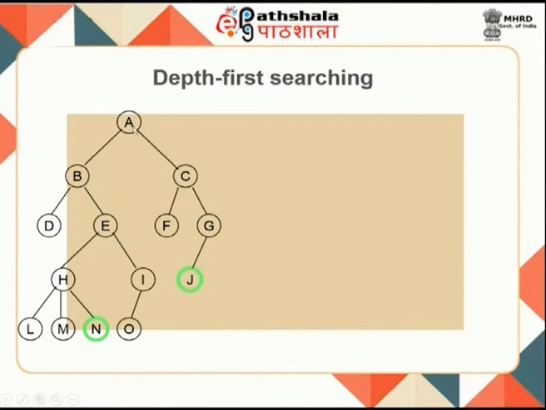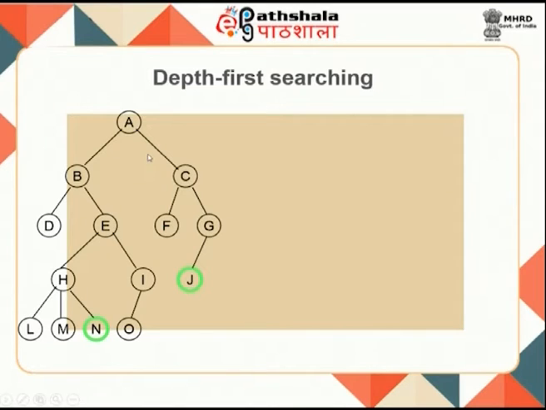How to search for a particular node? For example, let us assume that A is the initial configuration, and J and N represent the target configurations. My game is simply reduced to a search problem where I have to search for my targets J as well as N. In other words, I have to find the path from the root to my target.